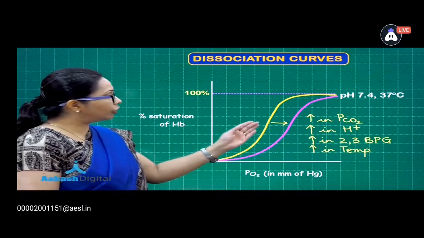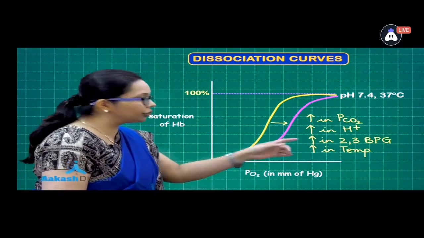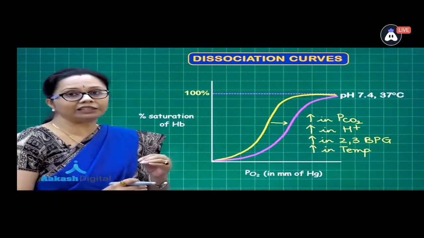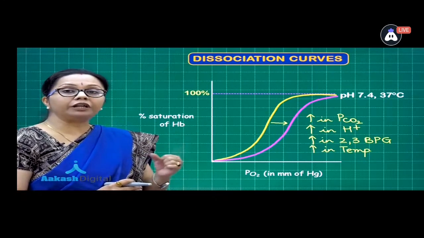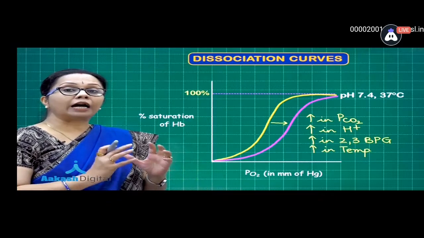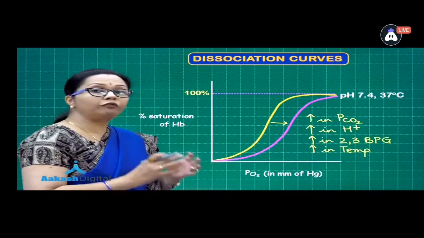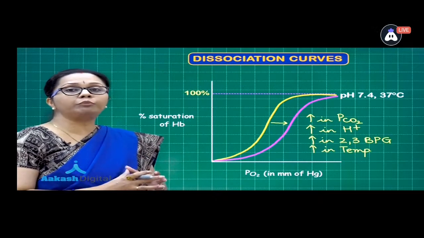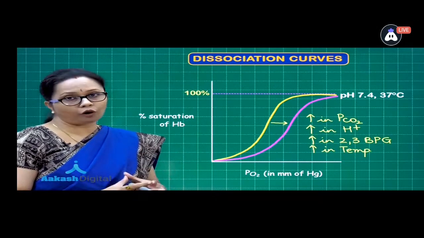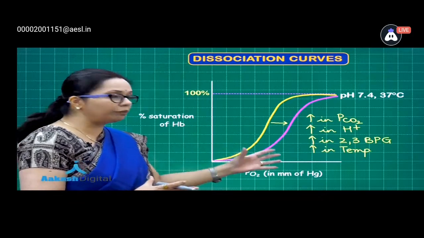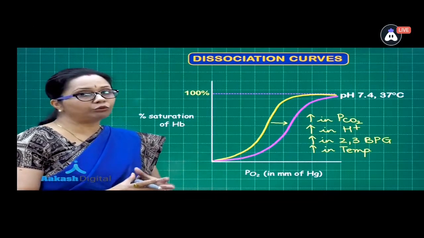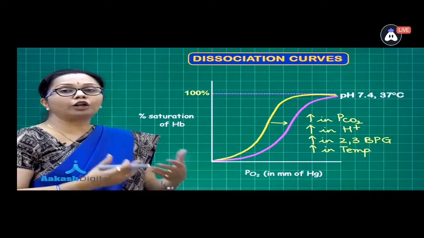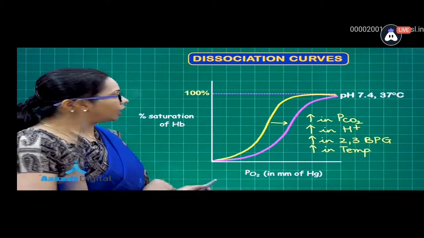Or in other words, we can also say that in these conditions, the P50 value of hemoglobin has increased. That means the affinity has decreased. That means hemoglobin will require a higher partial pressure of oxygen to remain bound to the same amount of oxygen. But in the systemic capillaries, such high PO2 is not available, so rather oxyhemoglobin will unload that oxygen.